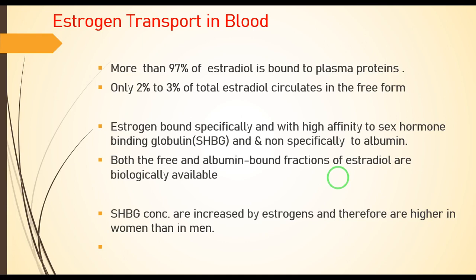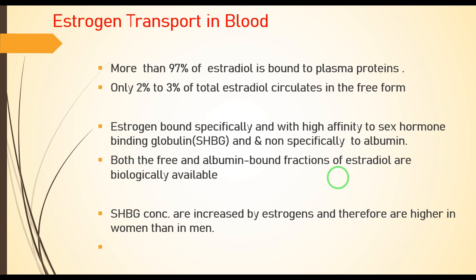How is estrogen transported in the blood? Since estrogen is a steroid hormone, it is water insoluble and needs to be transported by protein. About 97% of the estradiol is bound to plasma protein, while 2 to 3% is in the free form.